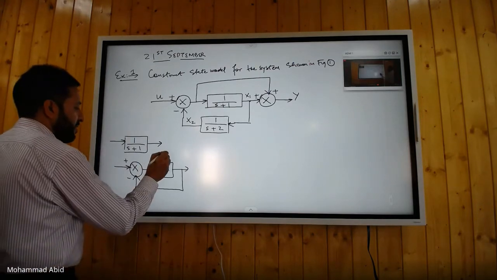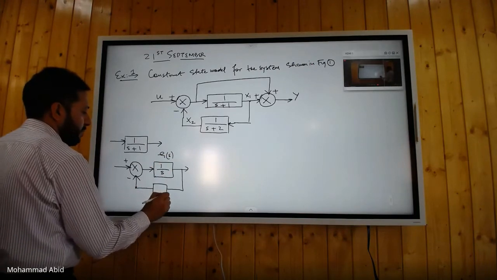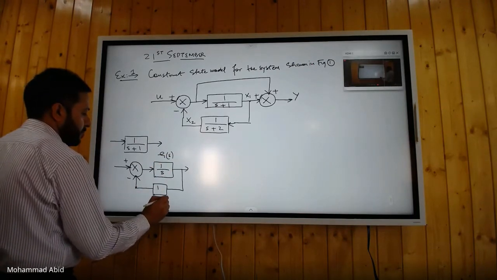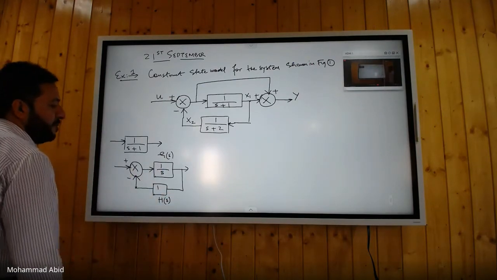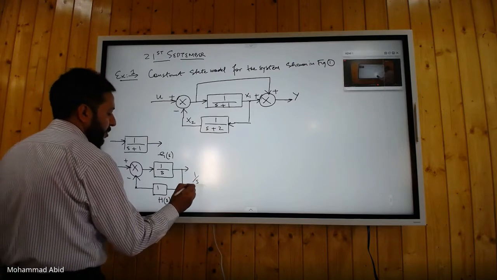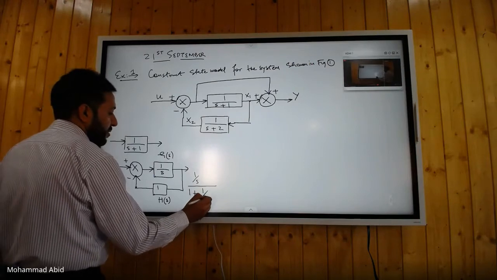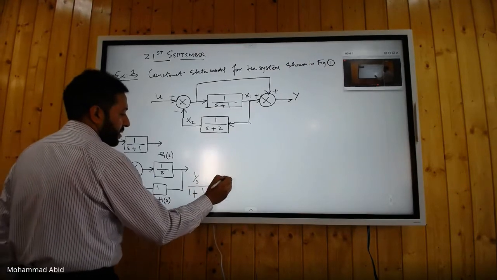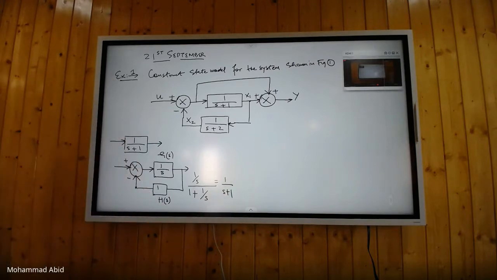This is your GS, and HS is 1. The feedback loop, what is the transfer function of this loop? GS upon 1 plus GSHS. That is 1 upon S upon 1 plus 1 upon S. That is actually 1 upon S plus 1. Is that okay?